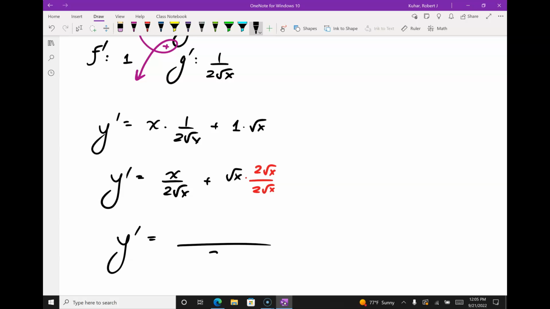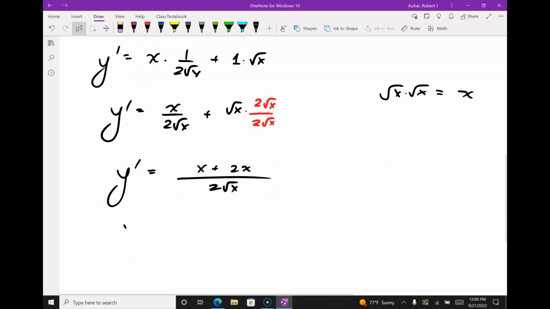So I know I have 2 over rad x, but what's upstairs? It looks like x plus 2x, right? Rad x times rad x is x, right? So what do I have here? I've got 3 x's over 2 square roots of x.